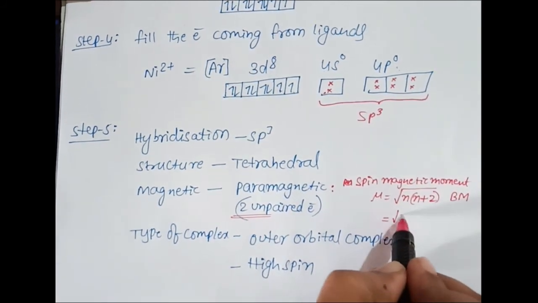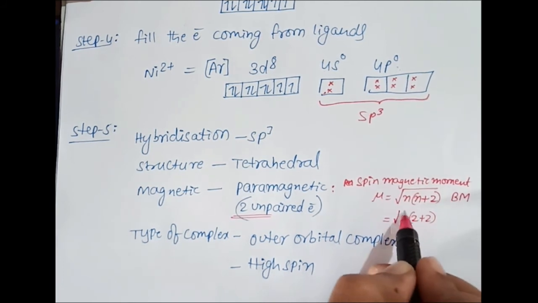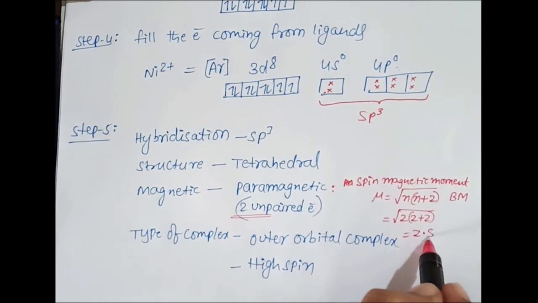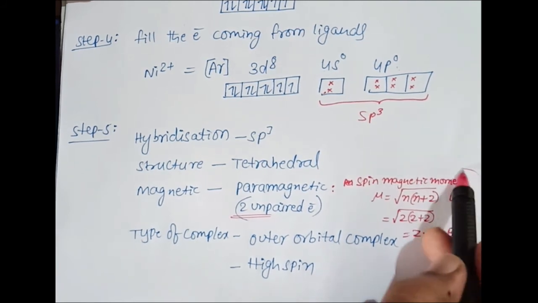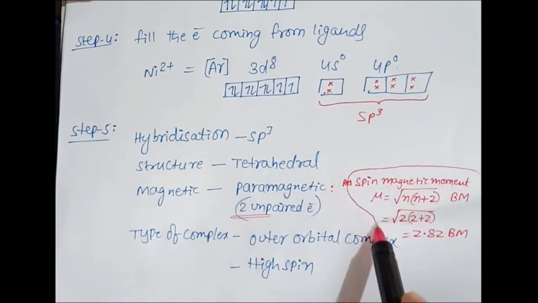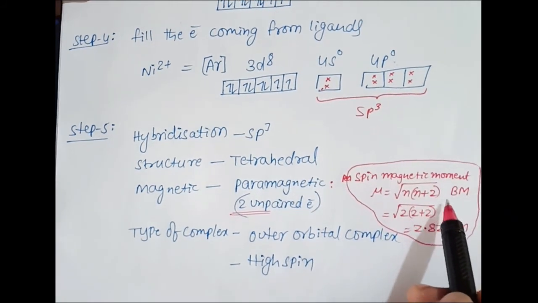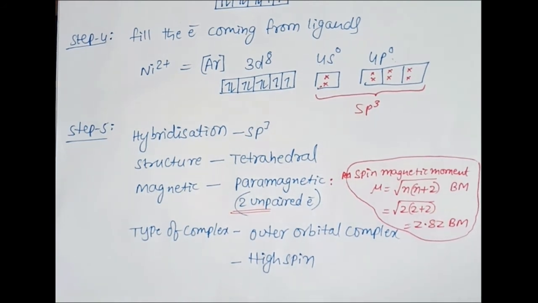So under root 2 into 2 plus 2, which is root 8. Root 8 means around 2.82 Bohr magneton. That is the spin magnetic moment. The formula is under root n into n plus 2 Bohr magneton, where n is the number of unpaired electrons. Right, understood? Yes, practice it well.